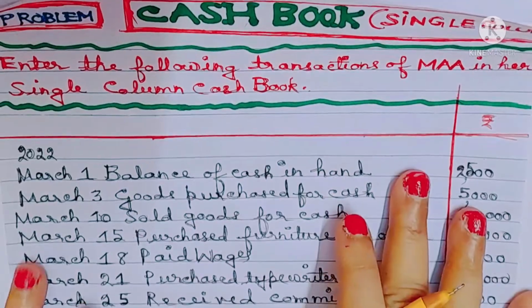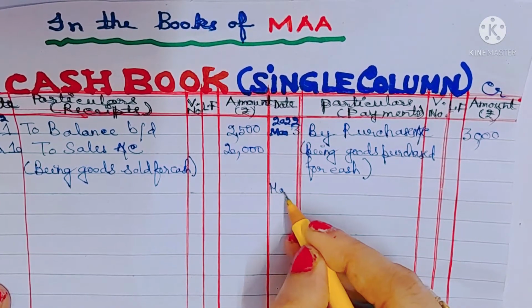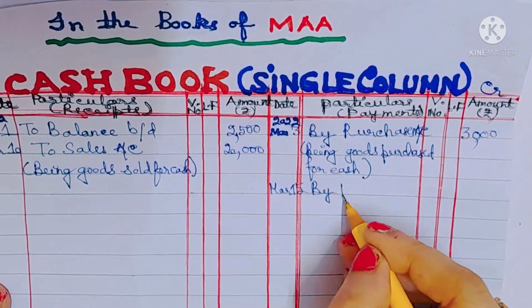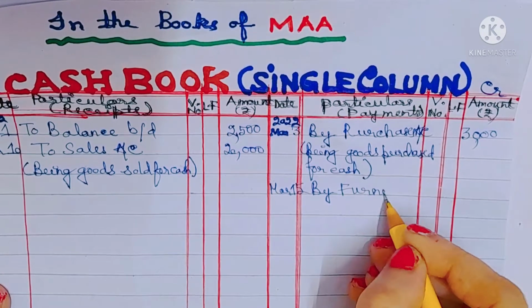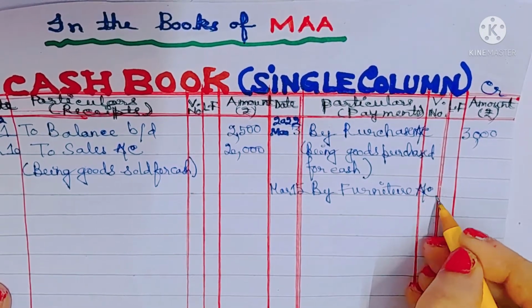Okay, so let's write 15th March by furniture account. How much? 6000.